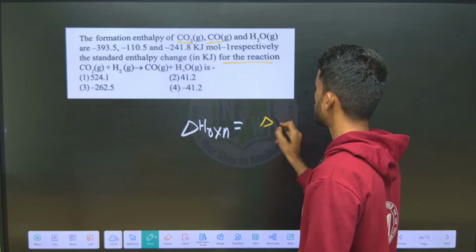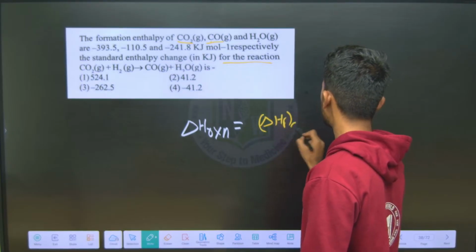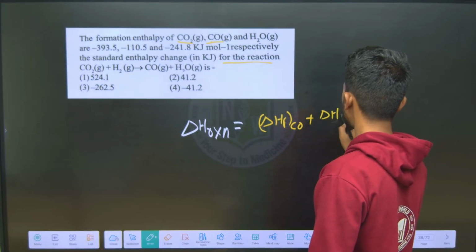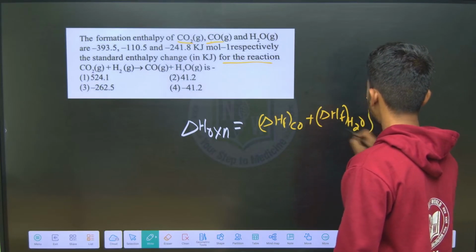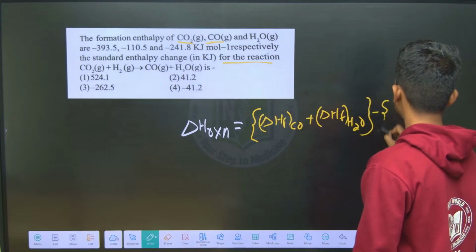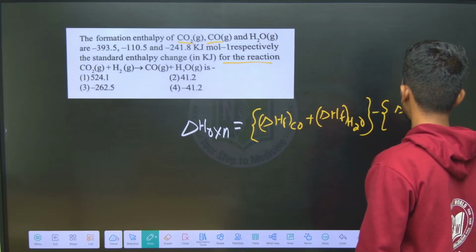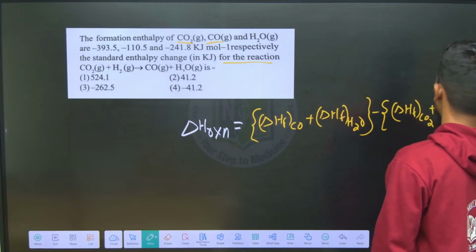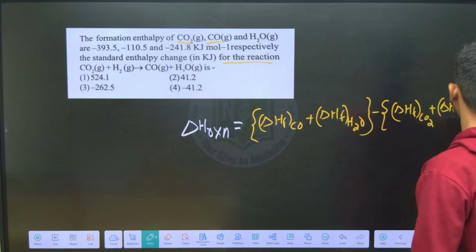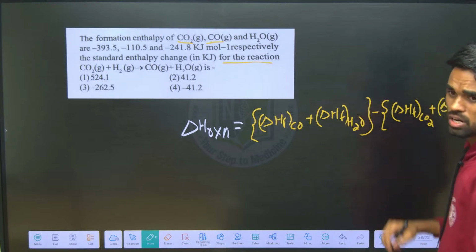So enthalpy formation of CO plus enthalpy formation of H2O, minus enthalpy formation of CO2 plus enthalpy formation of H2. H2 is not given. Why is it not given?